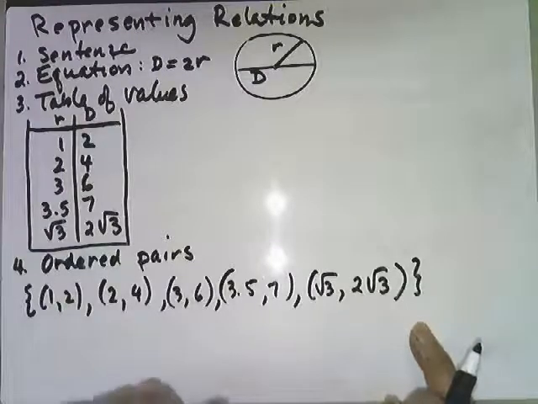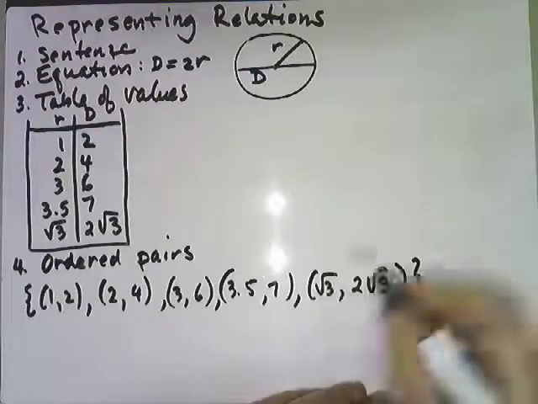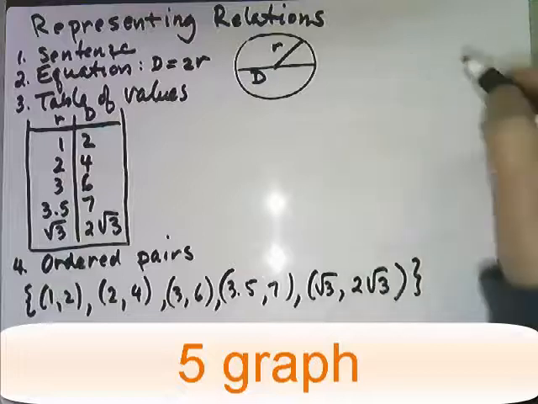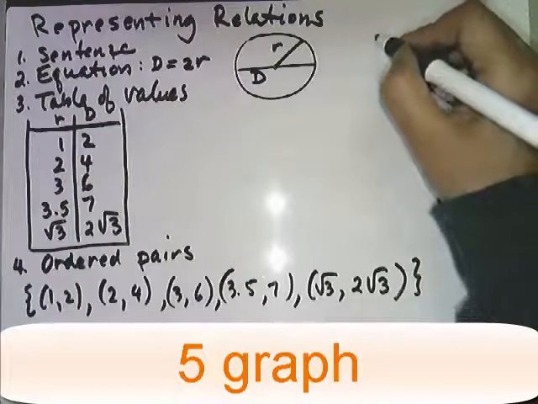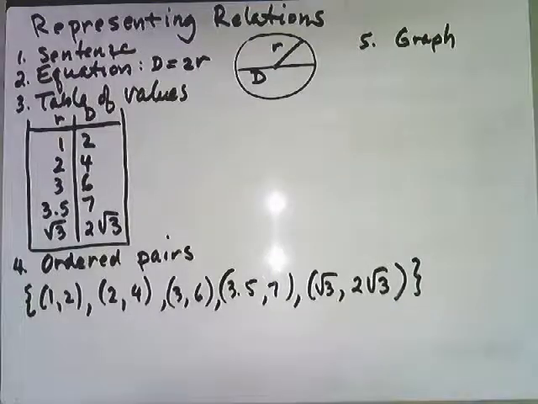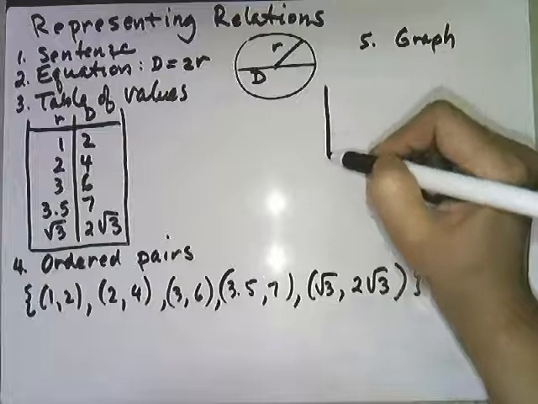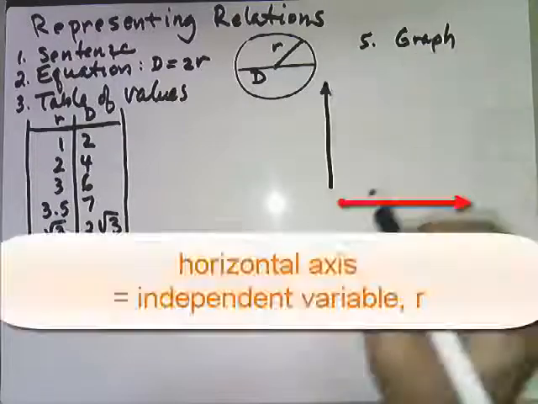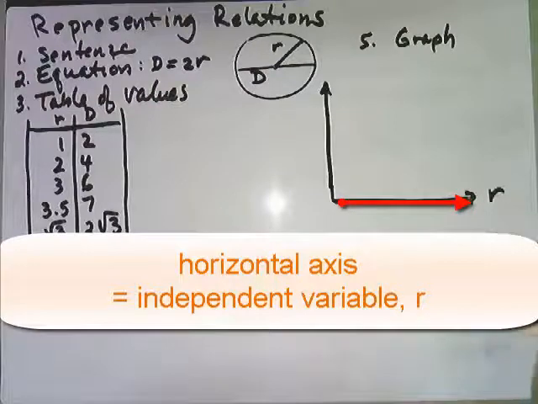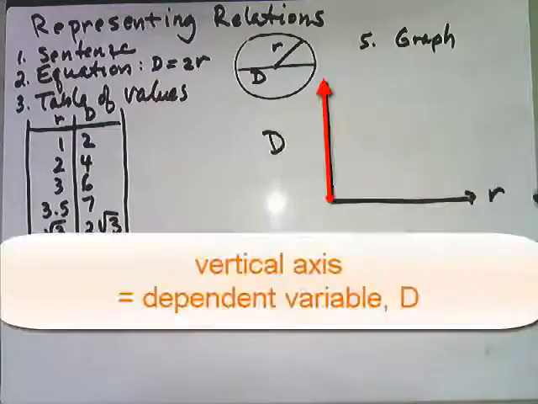If we wanted to show all possible values, and we've just sampled these, then I could use the fifth way to represent this relation, and that would be in the form of a graph. So my fifth way is a graph. And because I'm only dealing with positive values, I'm only going to work with the first quadrant. So I'm going to have the horizontal axis here, label it R as the radius, and D is the diameter.